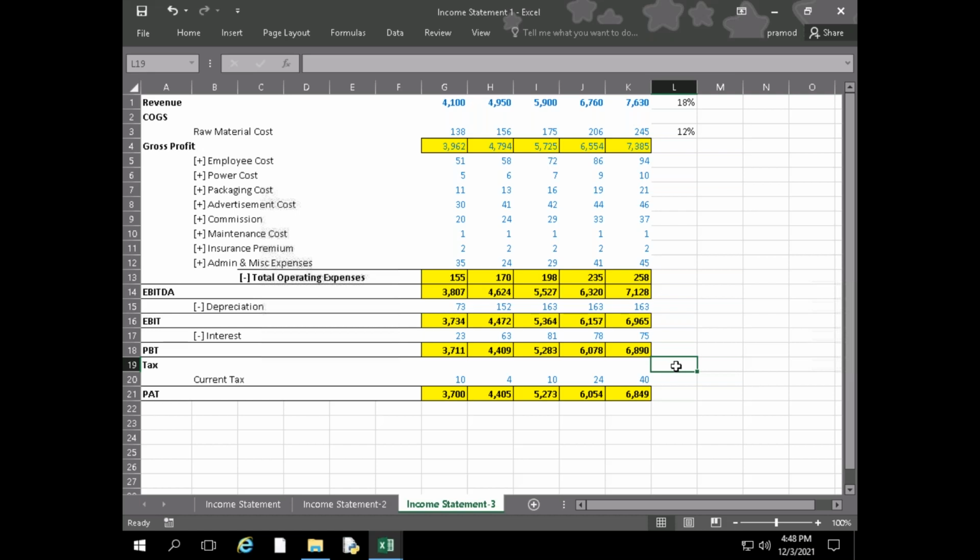Why it is 6,814? Here you are going to minus, correct? In PAT you should do the formula. That is PBT minus 40. For 40 only, how can you give minus? Yes, sir. 6,890 minus 40 is 6,815. No, sir.